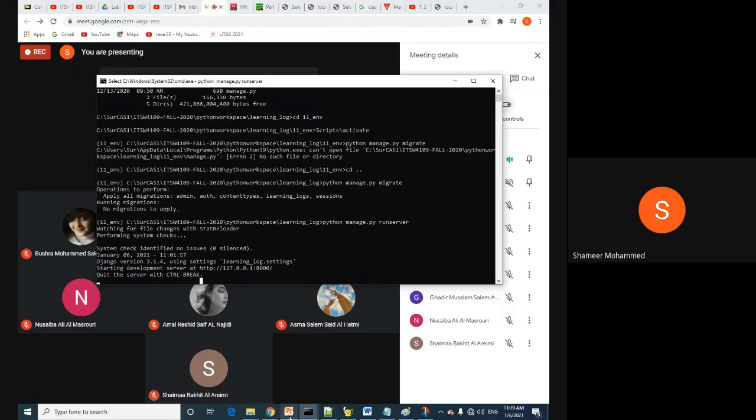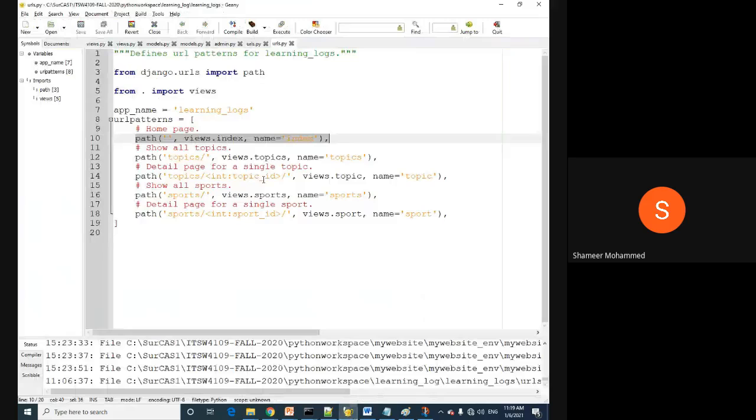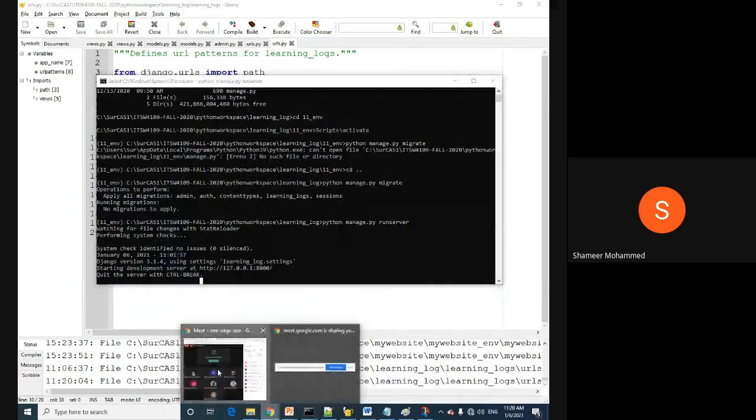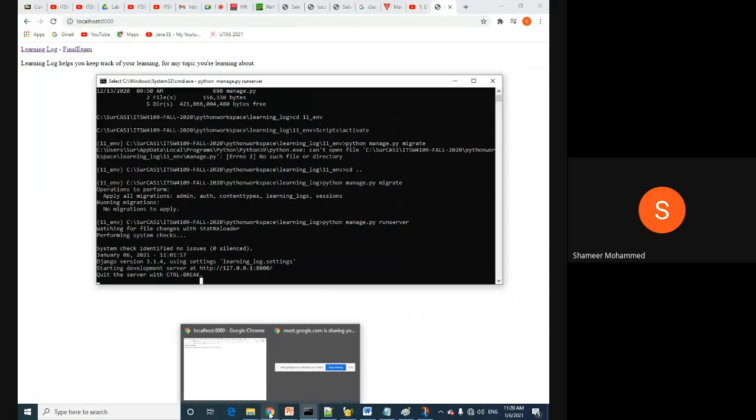If you have any mistake in the program, for example here in index, I give like this and try to access the server.